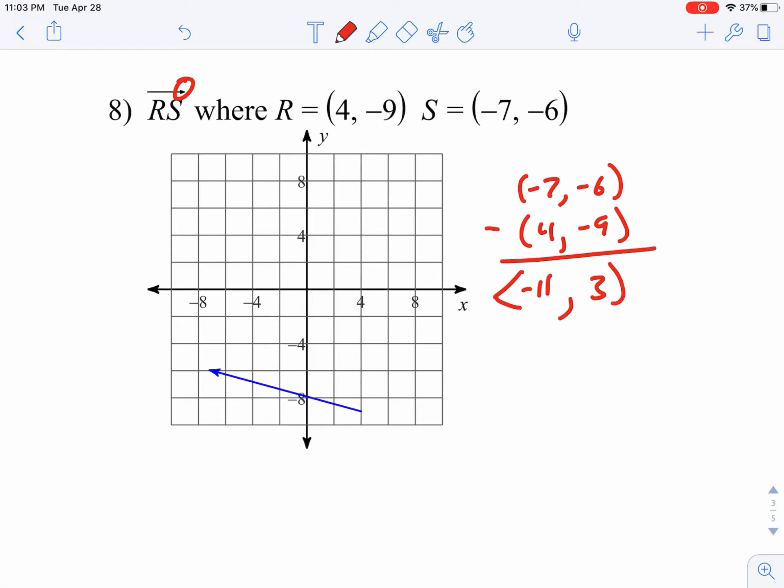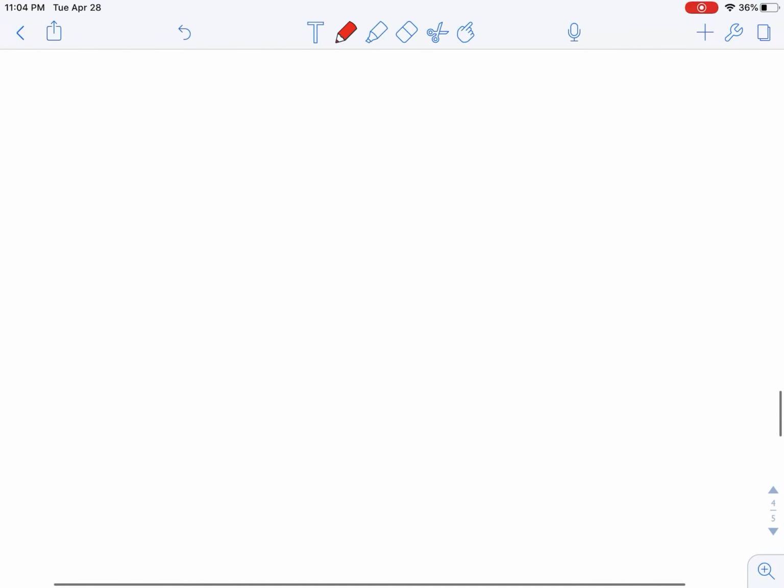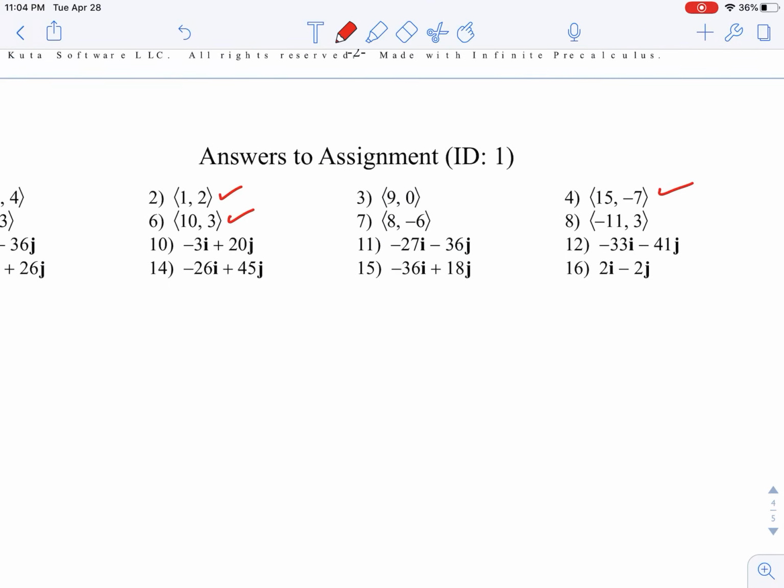Negative 11, 3 would be somewhere up here, so we get an arrow that looks like this, which looks about right. Make that a pointy bracket on the 3. So there's our component vector, negative 11, 3.